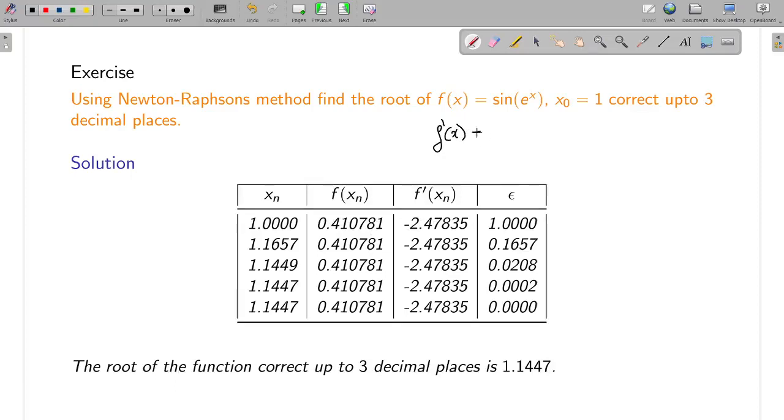The derivative will be nothing but, you will need to use the chain rule to find it. The derivative of sine is cos, so cos of e raised to x. This is a composition of two functions, sine and e, so the derivative will be cos of e raised to x into e raised to x. So plug in the value x equal to 1 here, and you will get f prime at xn.